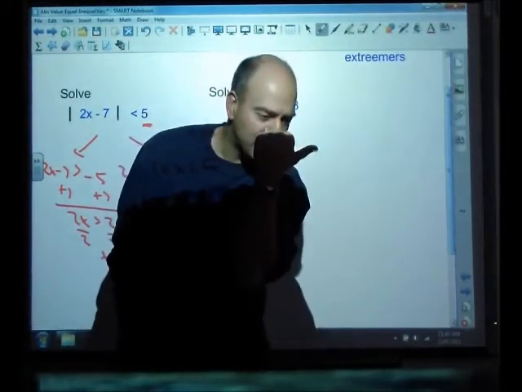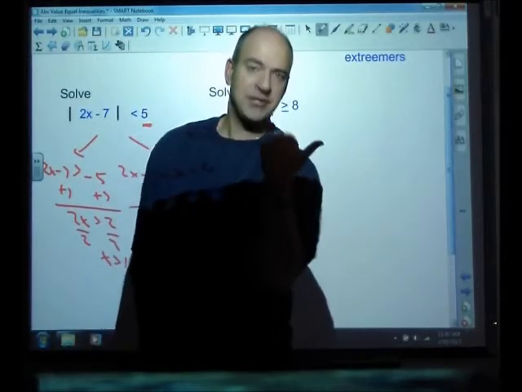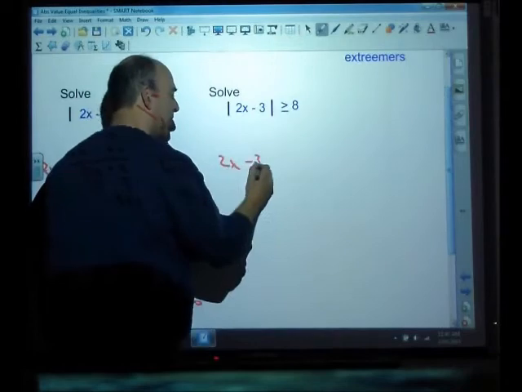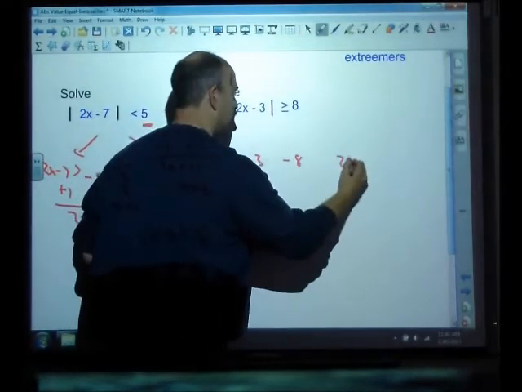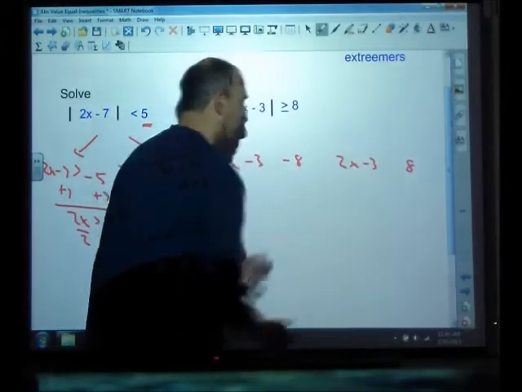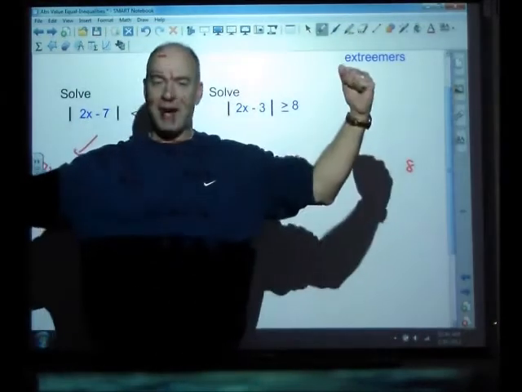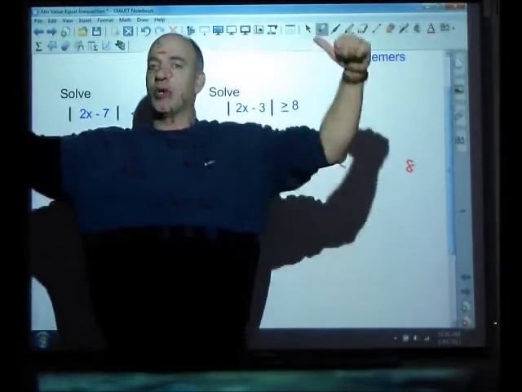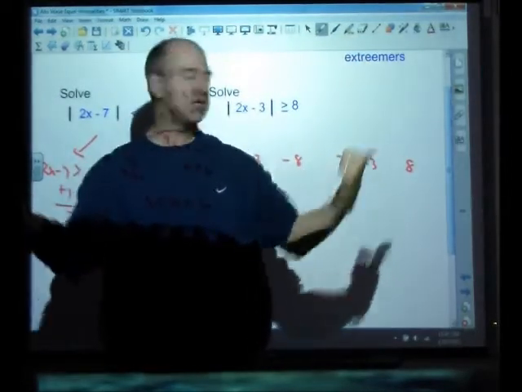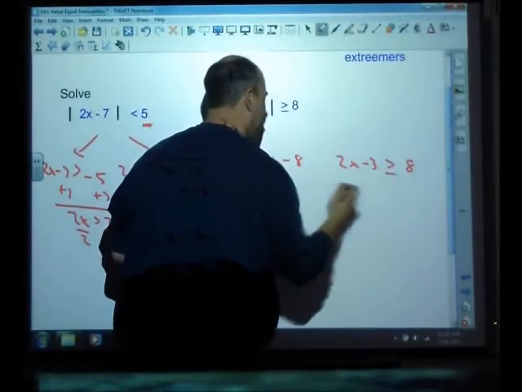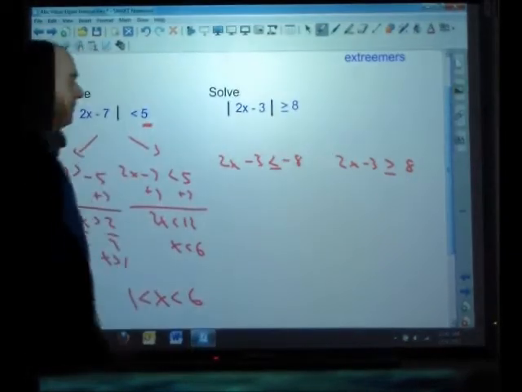This would indicate greater than or equal to positive 8. And that's what you've got to be able to do. So again, you're going to write this down, I hope, that you have a negative boundary to consider and a positive boundary, negative 8 and positive 8, and I want to be equal or greater than, beyond those boundaries, which is less than that one or greater than that one, and it would look like that.